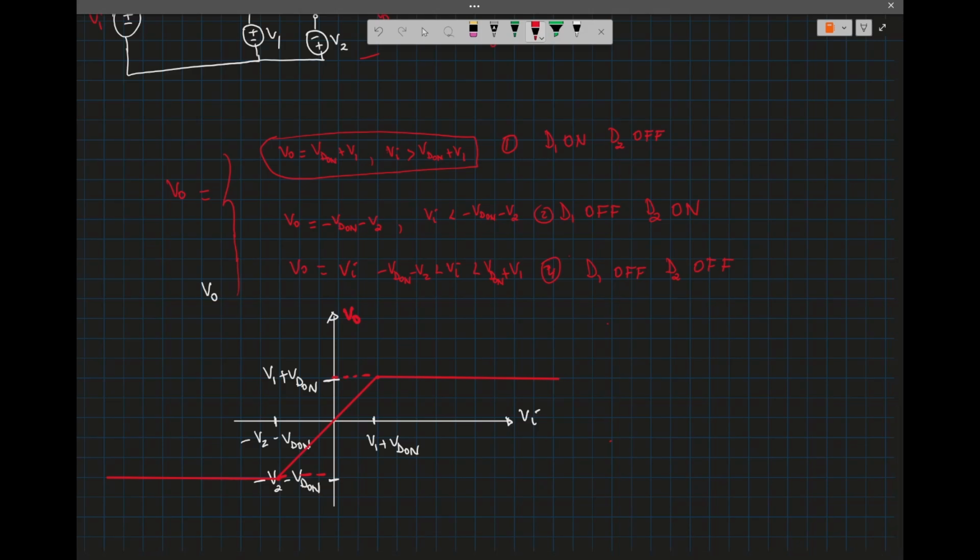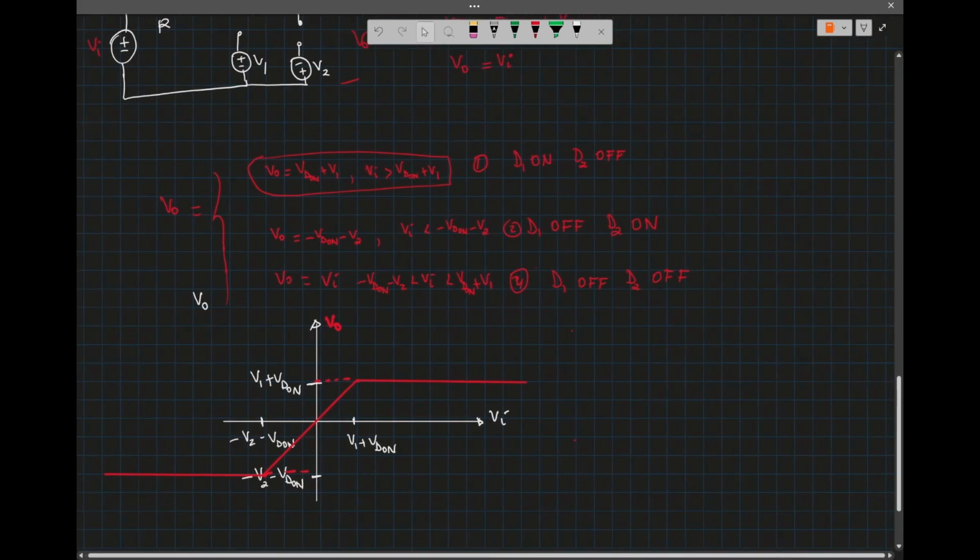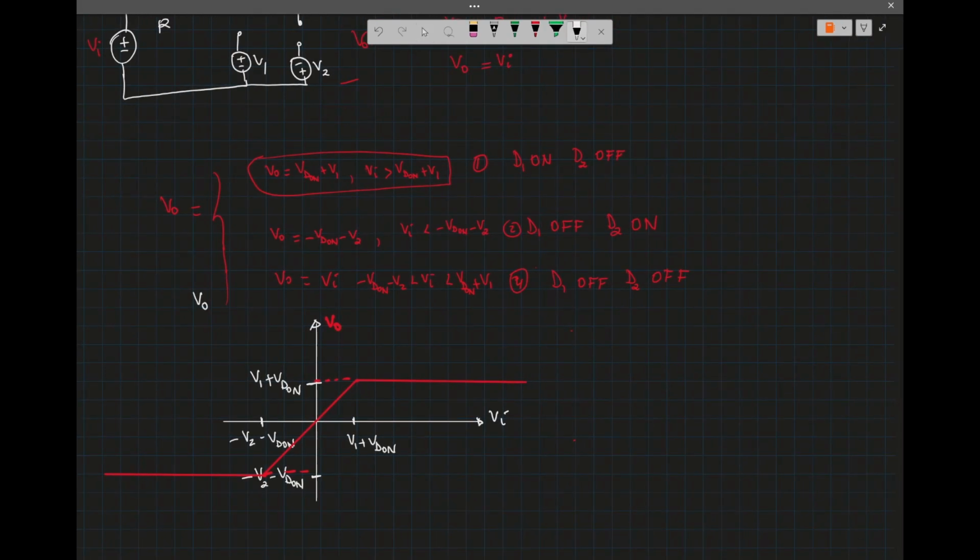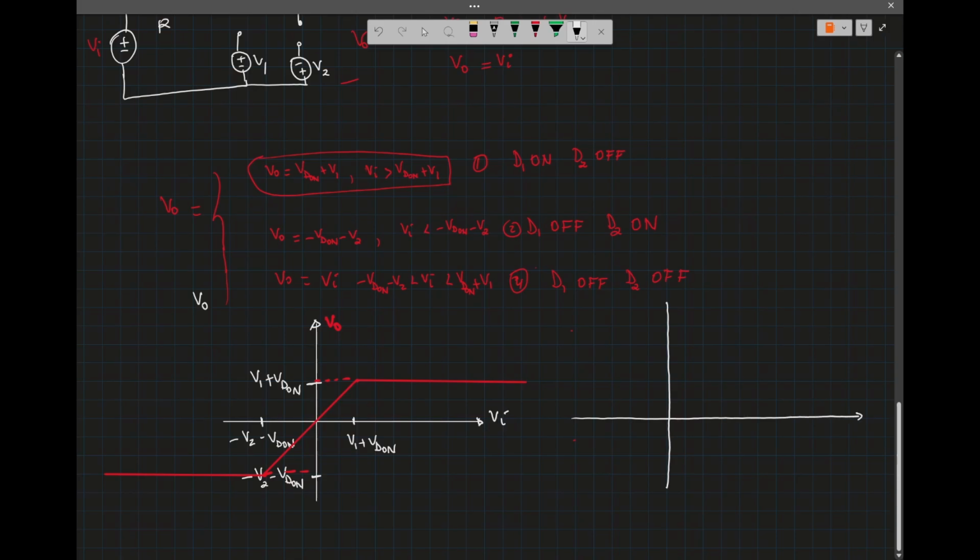Okay, but if you're asked to sketch the input voltage on top of the output voltage in the same graph, let's put that. So this is t, this is Vin, so let me sketch Vin.